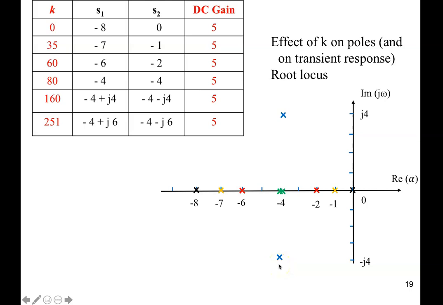Now, this kind of study that we will be looking at at a later stage, called the root locus approach, is basically to see how the closed-loop poles are moved by different values of k. Okay, but we will look further into this.